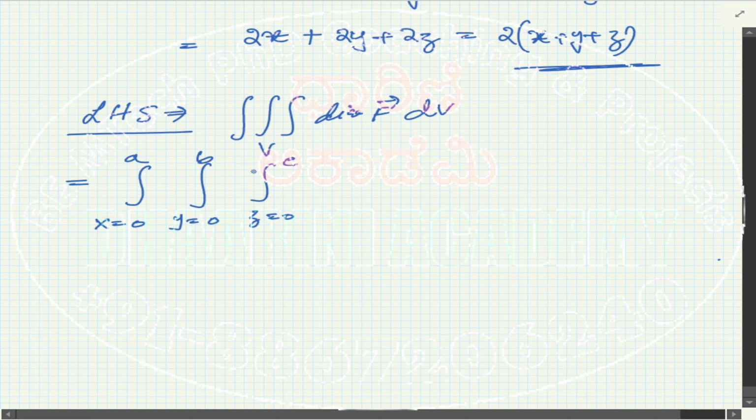We have to perform this into the divergence of the required function, which is 2 times x plus y plus z into dz into dy into dx.